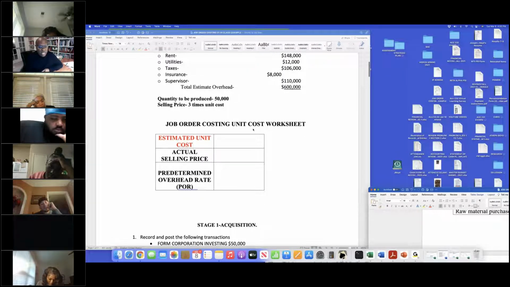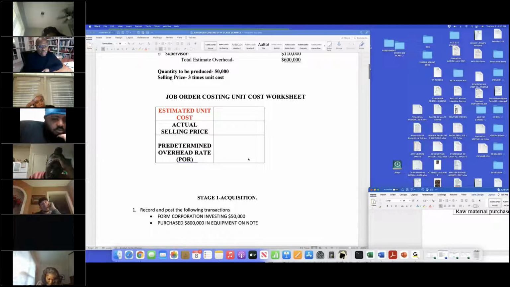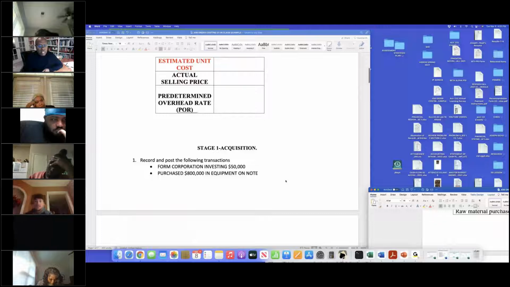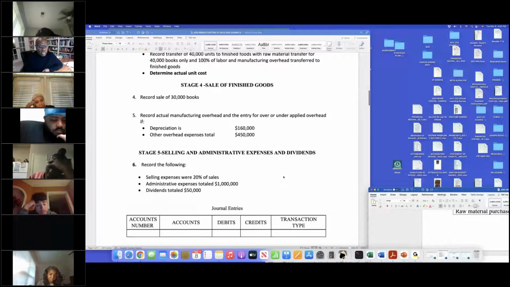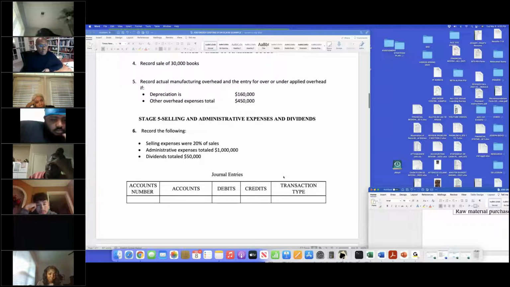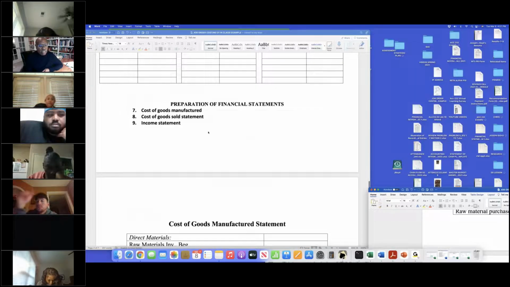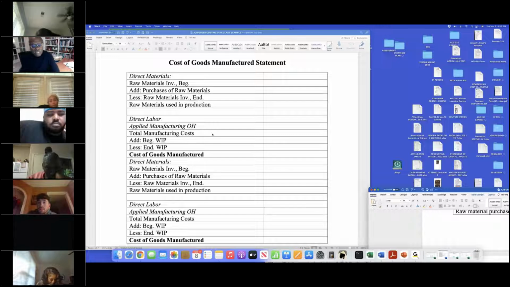And you got to go to stage 1 and make the journal entry. Stage 2, stage 3, stage 4. Do your selling and administrative expenses. Post to the T accounts. And then prepare these statements: cost of goods manufactured, cost of goods sold, and income statement.